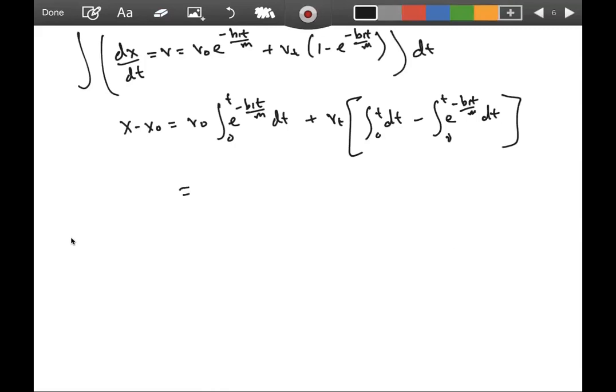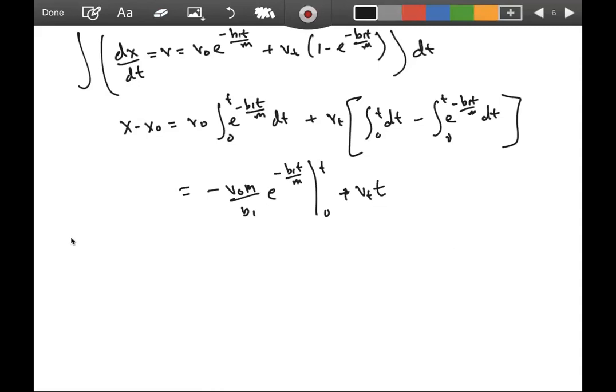For this one, all I'm going to get is a negative sign. So I'm going to get a negative v0 m over b1 e to the minus b1 t over m, evaluated from 0 to t. And then I'm going to get a plus vt times t. So this is my linearly growing term.